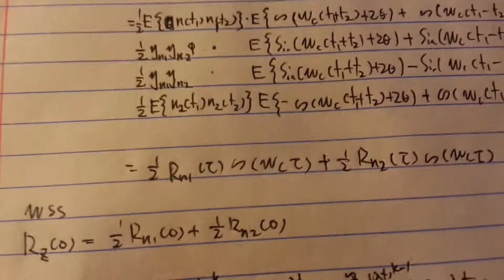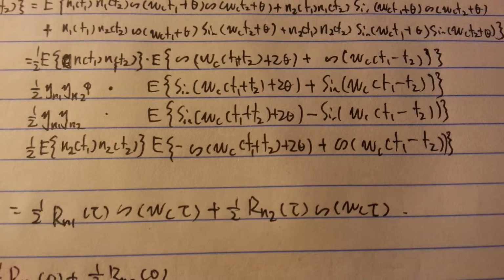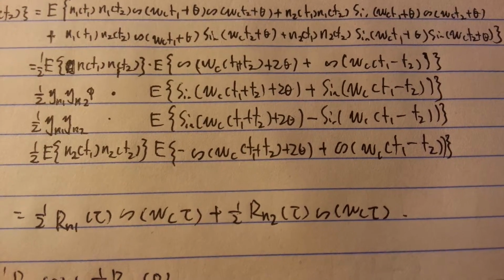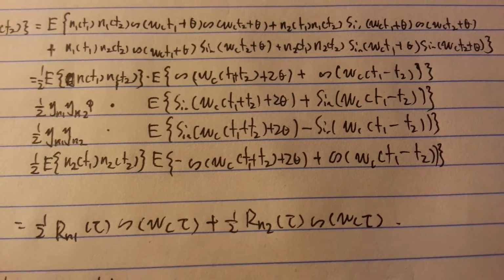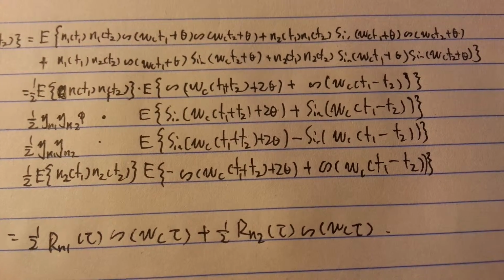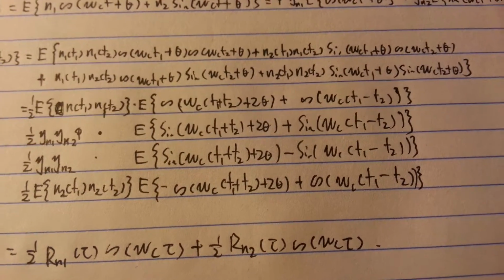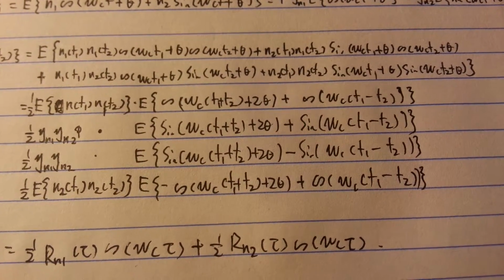So finally, what we get is 1 over 2 times the autocorrelation function of n1 times cosine omega c tau plus 1 over 2 times the autocorrelation function of n2 times cosine omega c tau.